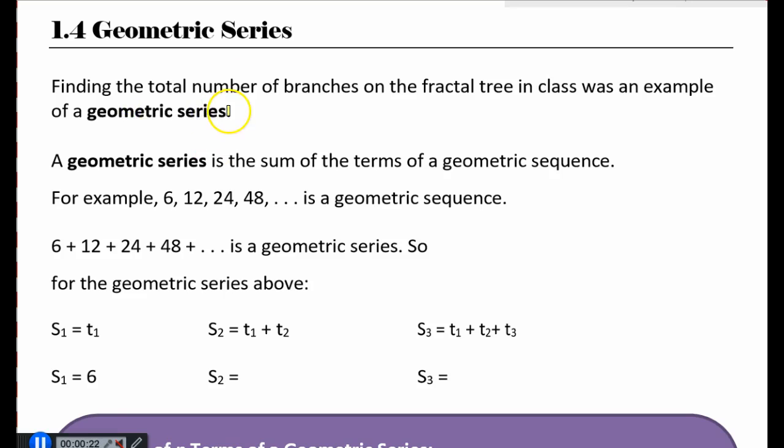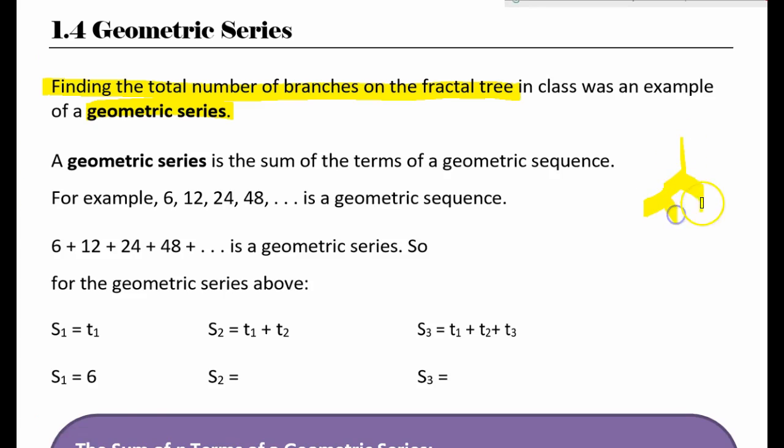Geometric series is finding the total number of branches on the fractal tree that you can draw, where we start with 1 and 2 branches, and each branch gets 2 more, and 2 more from here, etc.